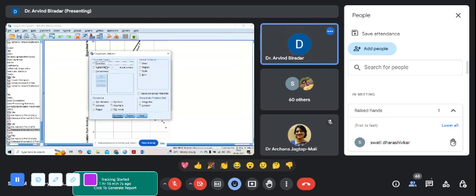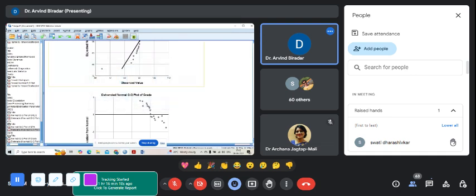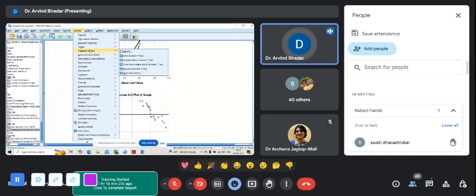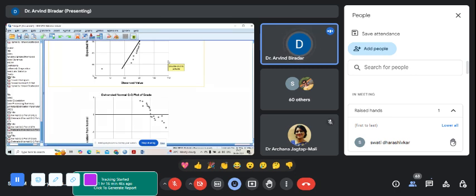Variance, mean, median. In this way, you have to check the normality for testing and all these things.